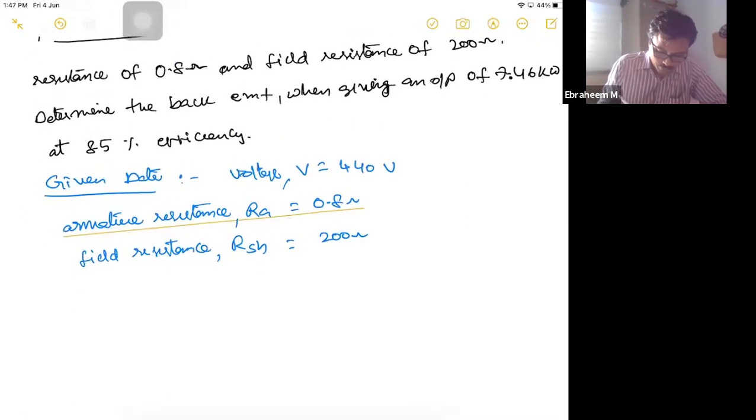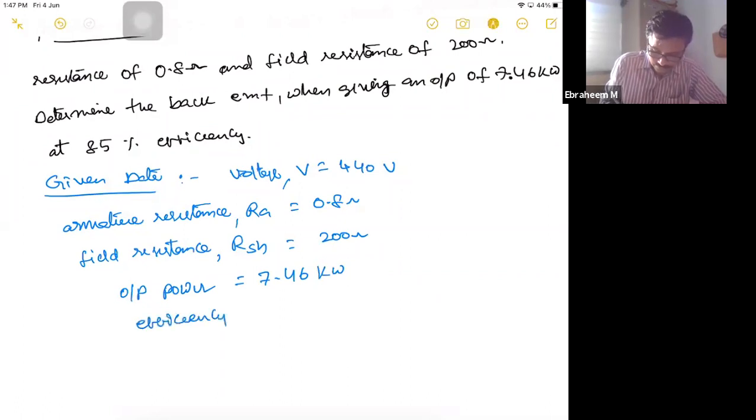Okay. Output power is equal to 7.46 kilowatt. Efficiency, 85%.